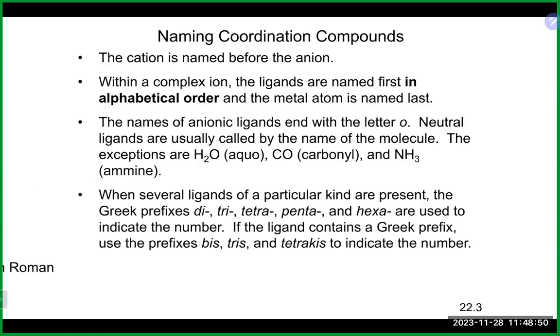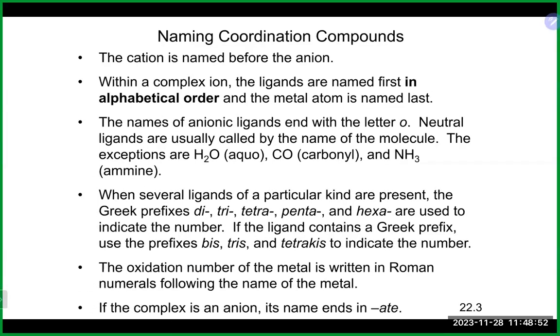So let's talk about all these fun rules about naming coordination compounds and really also naming complex ions. So the cation is named first before the anion. Within the complex ion part of the name, and remember in a coordination compound, there could be 2 parts to the name, there'll be the counter ion and the complex ion part. When you're talking about just the complex ion part of the name, the ligands are listed first in alphabetical order, regardless of any type of prefix that you may have.